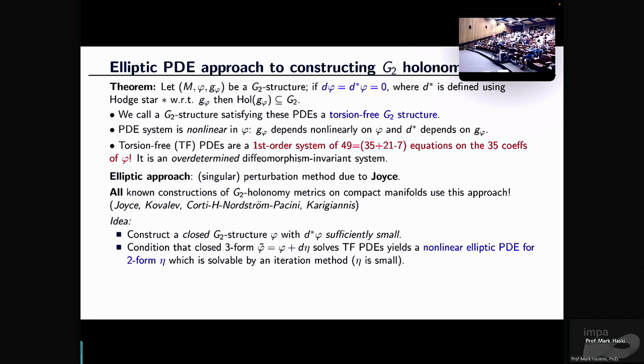At a high level, it's a singular perturbation method due to Dominic Joyce. And at this stage, all known constructions of G2 holonomy metrics on compact manifolds use this approach.